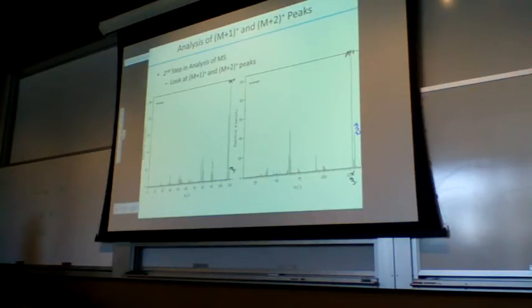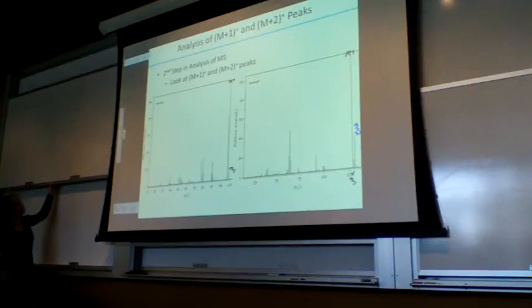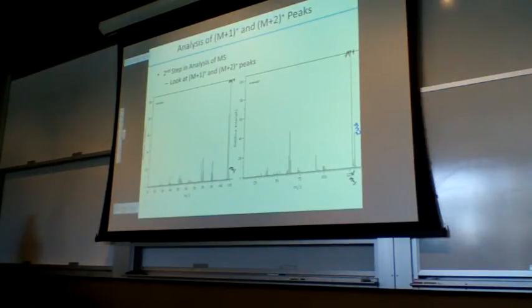We can use the M plus 1 to give us some information about the approximate number of carbons. Remember that ratio of carbon 12 to carbon 13?